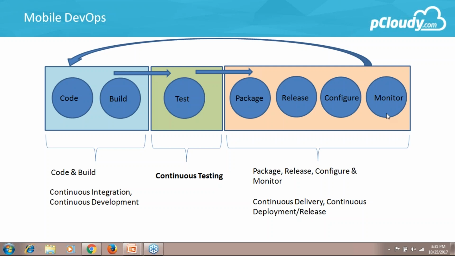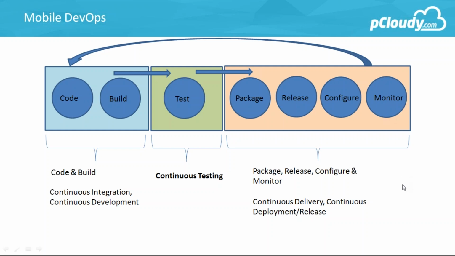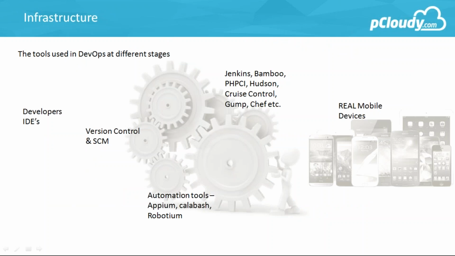Now if we go to the next slide, we are presenting the infrastructure. When we talk about the infrastructure here, I have shown a lot of tools which are typically used in DevOps at different stages.